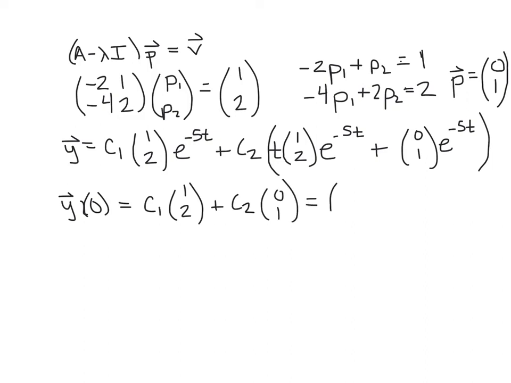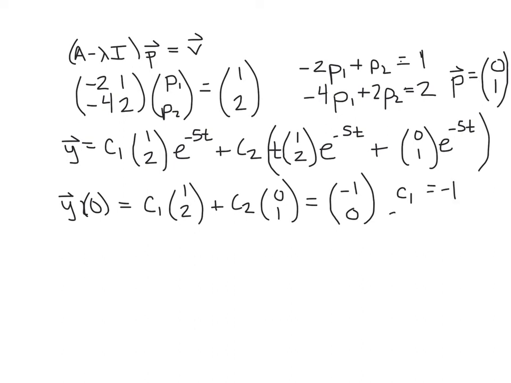And if you look back to the first page on the initial conditions, we said that the initial conditions were -1, 0. So if I look at all of the things on the top here, I've got C1 plus C2 times 0, and a -1. So that would be C1, and then C2 times 0. So C1 is going to be -1.